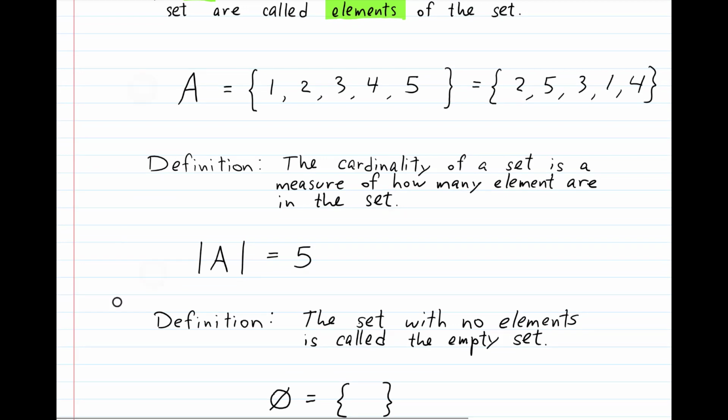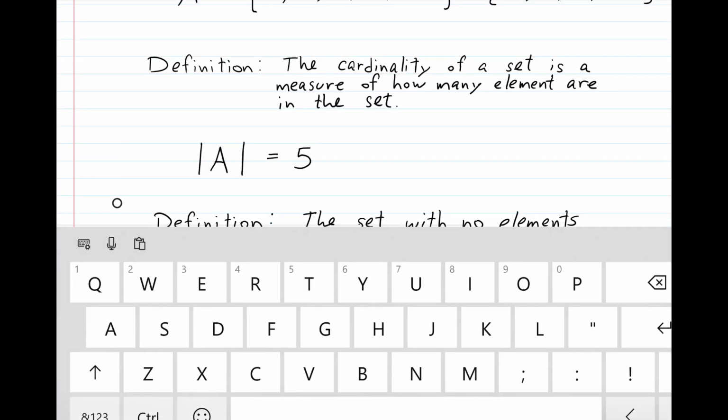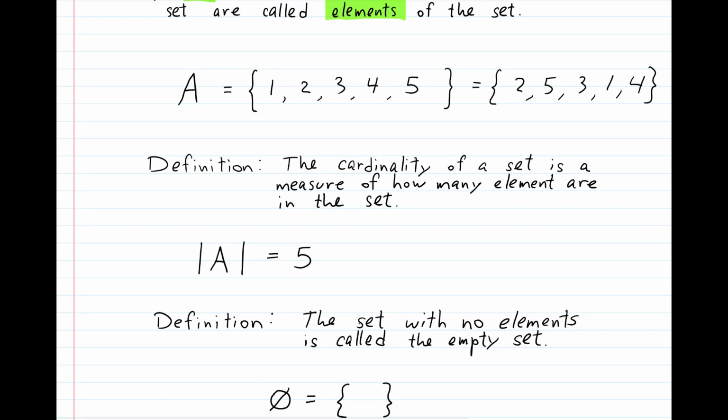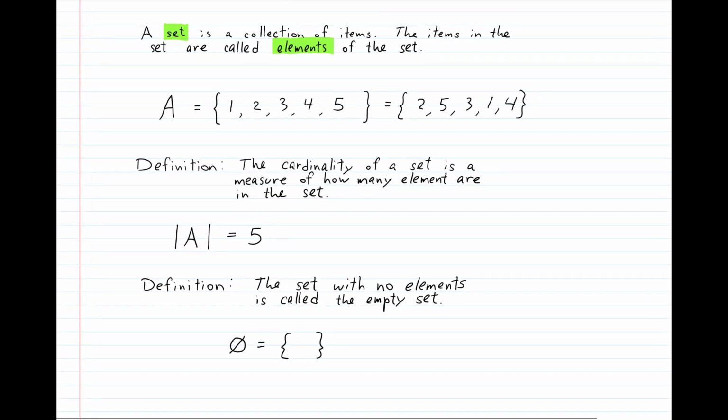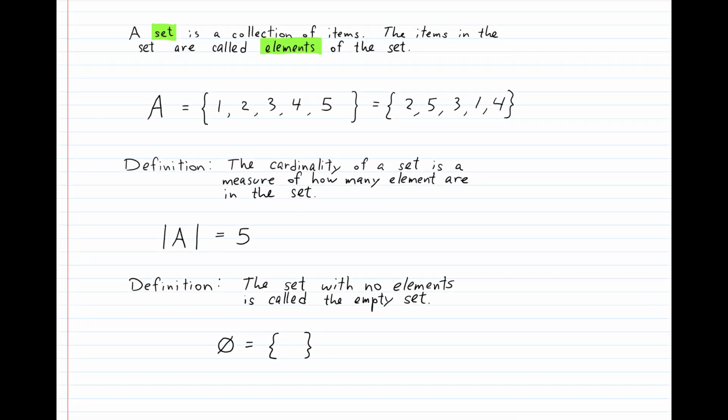All right, let's see here. What else? I'm going to shrink this down so we can see everything at once here. Okay, so we have set and element. Notice I didn't write definition on that first sentence. That's because those are usually considered undefined terms, kind of like in geometry, the words point and line are considered undefined terms, right?